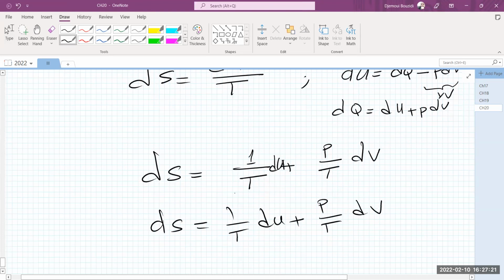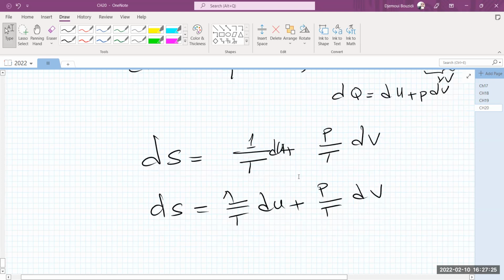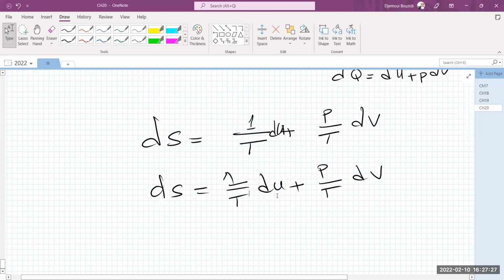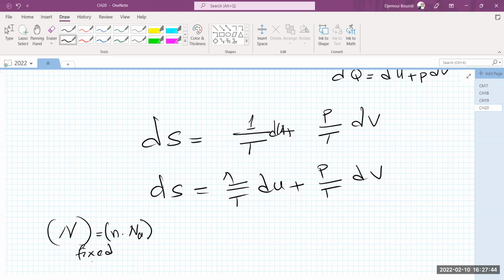So this is the same thing now as saying that this entropy function is a function for N fixed. And we've been assuming that the number of moles is fixed all along, which means that N, which is equal to the number of moles times Avogadro's number, is fixed. So this is any process where the number of particles does not change, and that's exactly what we've been dealing with all along. So do not ask me what happens if the number of moles changes.